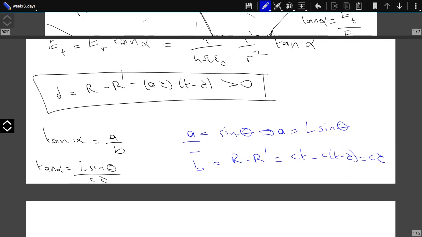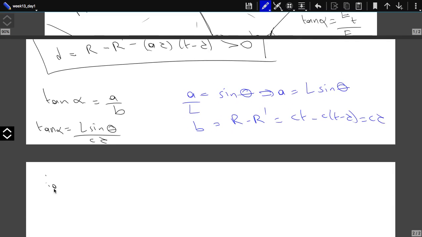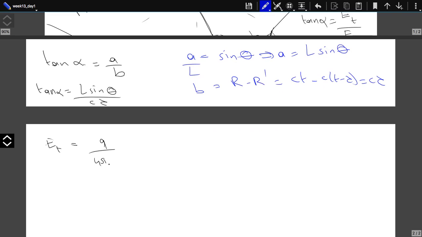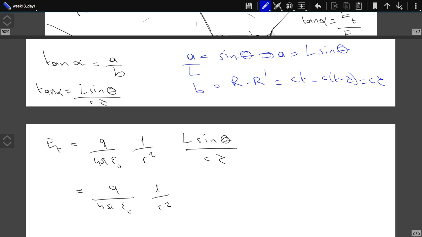So let's see, what is the tangential component of the electric field? You see, it was just Q over 4 pi epsilon 0, 1 over R squared, tangent alpha, which is L sine theta over c tau. Now let's try to simplify it a bit. Q over 4 pi epsilon 0, 1 over R squared.